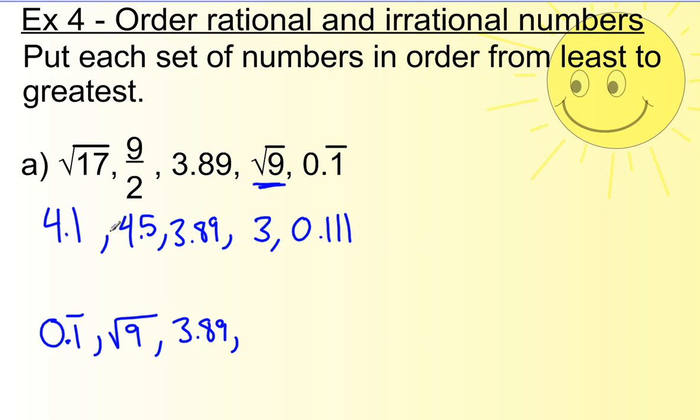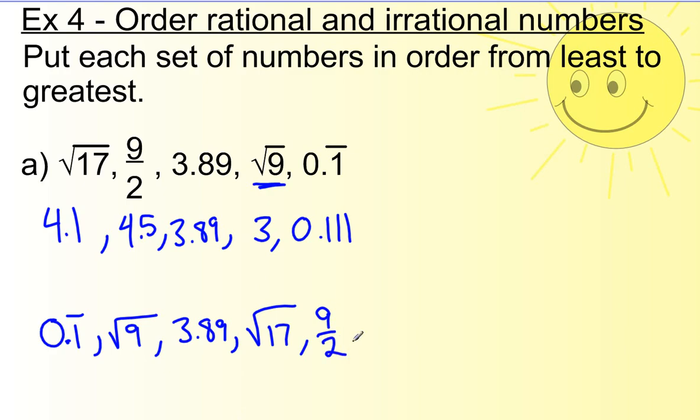Now, 4.1 or 4.5. Well, if you're going for the smaller one, it's got to be the 4.1. And the 4.1 came from the square root of 17. And the 4.5 came from 9/2.